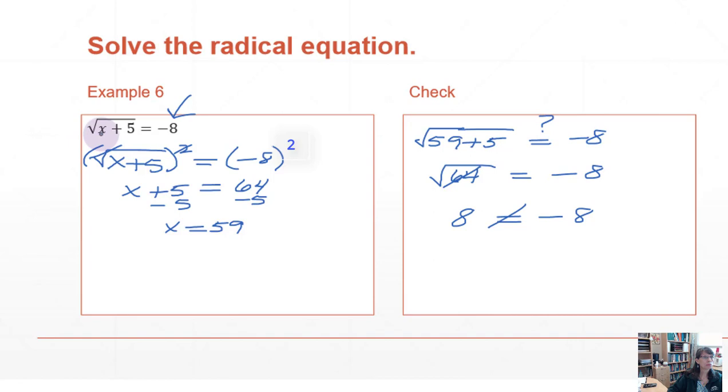If once we combined x with 5 we got a negative number, the square root of a negative number is going to be an imaginary answer or have that complex i involved. It is not going to be a negative number. So right from the start, we should know that if we have an even root set equal to a negative number, we're going to have no solution possible.